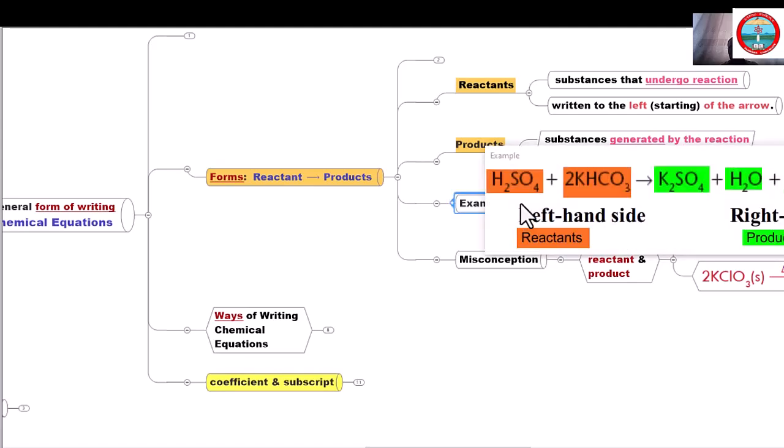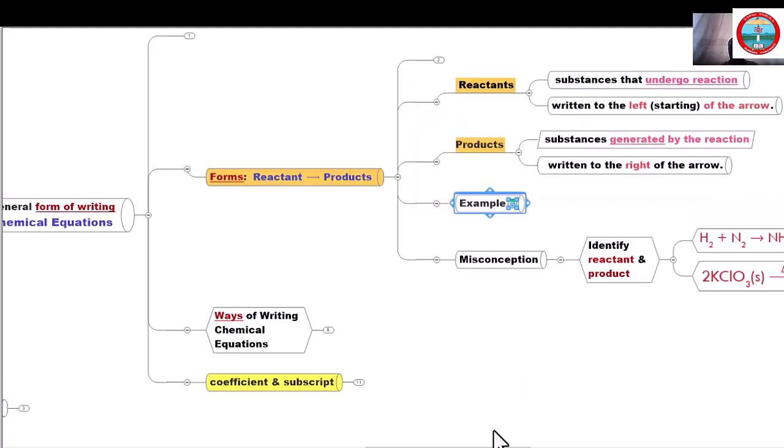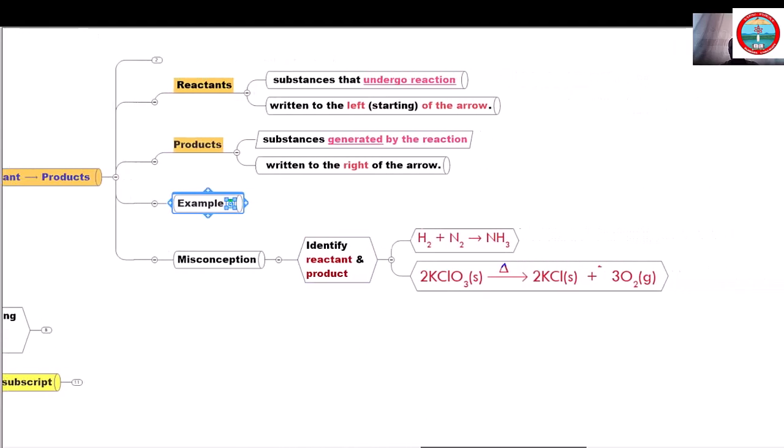As an example, in this chemical reaction, this substance and this substance are written on the left hand side of the arrow, so they are considered the reactants. But these 3 substances are written on the right hand side of the arrow, so they are considered the products.